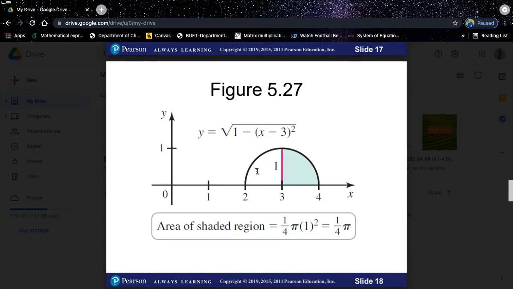Now if I say, hey, can you find the shaded area for me? By shaded, I mean this. I know this is not really properly shaded, but I think you can differentiate it with the white background, though it should have used another color.